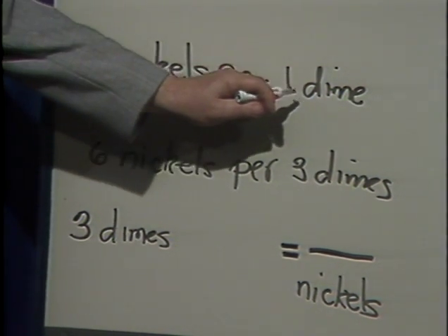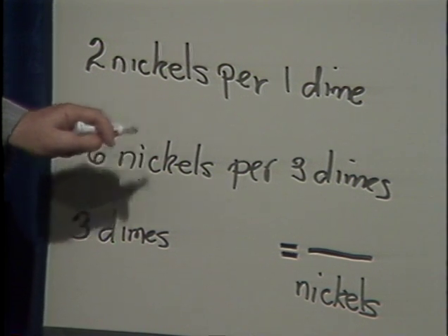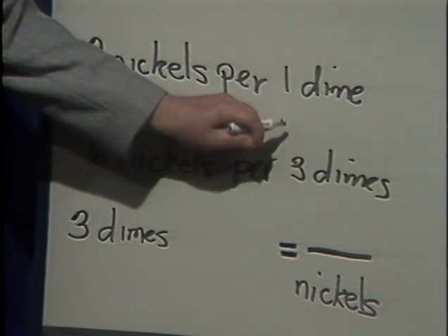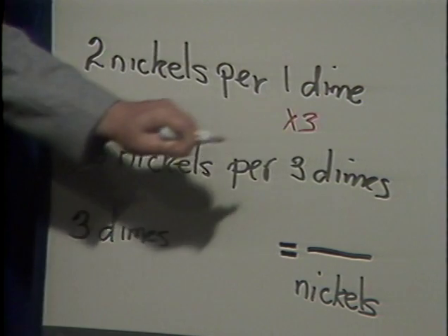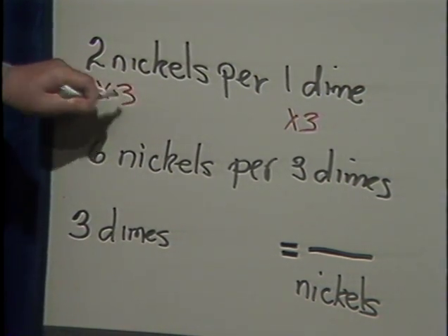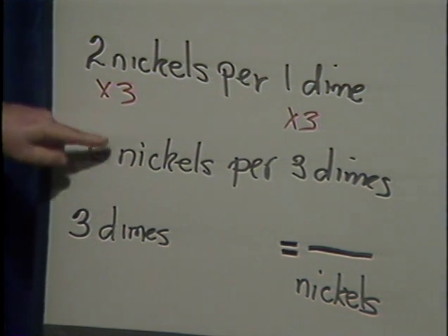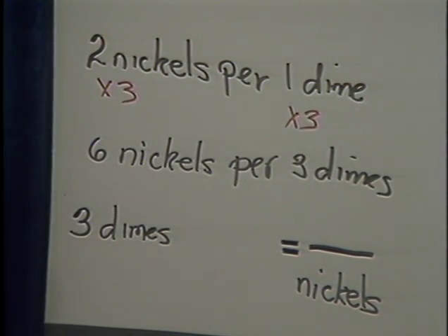Remember what we said a long time ago? In any rate problem, as long as you multiply both numbers in the rate by the same amount, you don't change the rate. So to go from 1 dime to 3 dimes, you multiply by 3. But if you multiply by 3 on one side, you have to multiply by 3 on the other side. So you wind up with what? 6 nickels per 3 dimes.